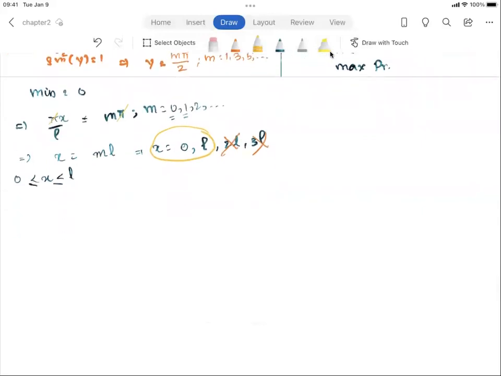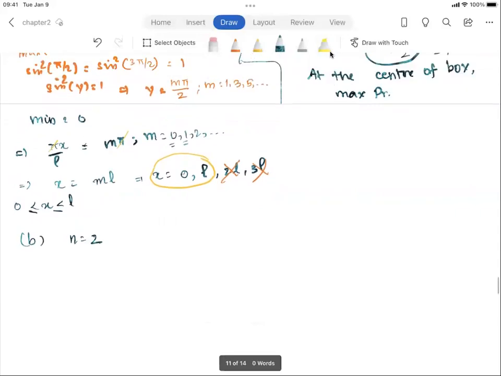That's for part A. Now, for part B, where n is equal to 2, right?